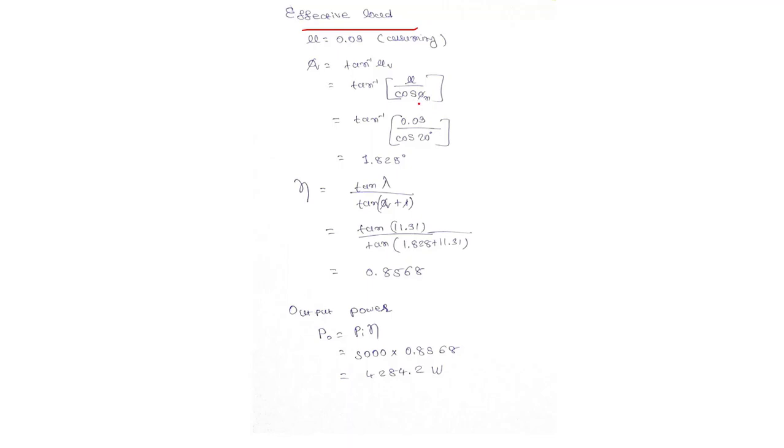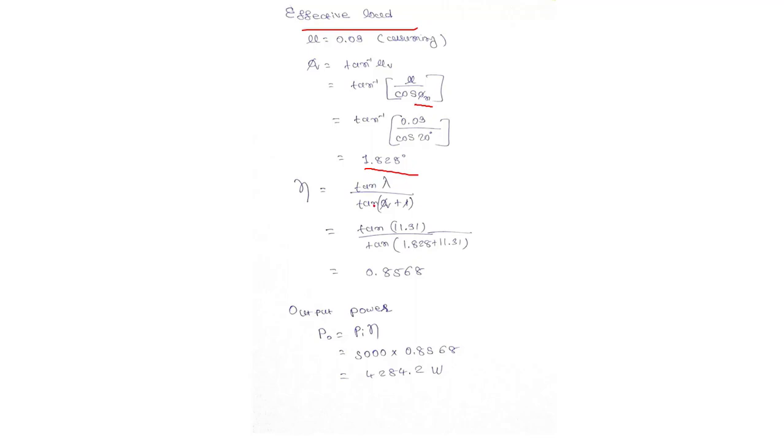So we put phi n here: tan inverse of mu is 0.03 and phi n is 20 degrees. Putting the values, we get phi v is 1.828.